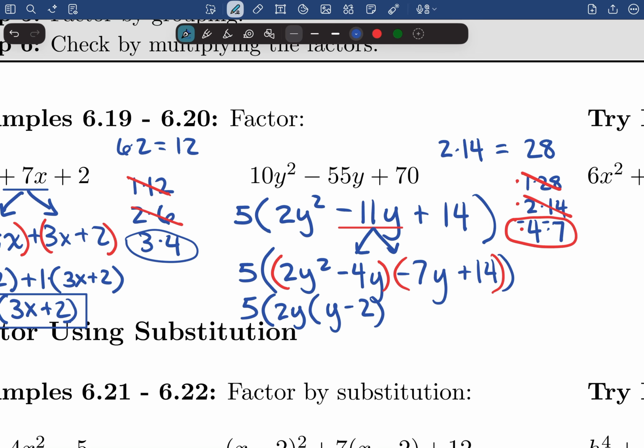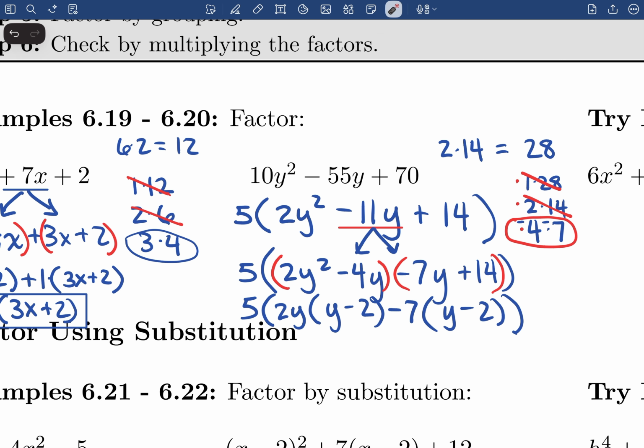And then this set of two terms, I could factor out a negative 7, and I'm left with a y minus 2. Okay, so these two terms, their GCF was 2y. These two terms, their GCF was negative 7. And I notice in parentheses, I now have a y minus 2 and a y minus 2. So factoring by grouping will work.